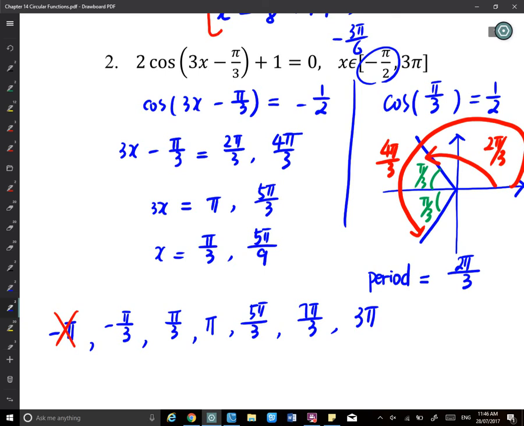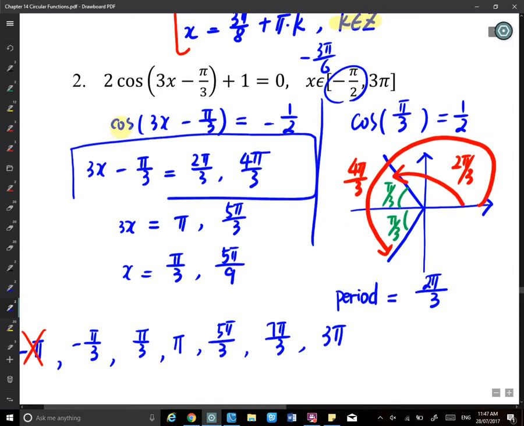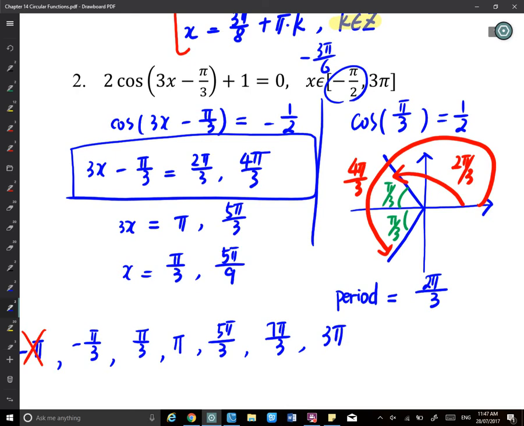I see some of you start to add things from here, like okay, I know this method, and some of you just write 8 pi over 3. I know some teachers teach in different ways, listing all the possible values starting from that step. But personally I don't like this method.